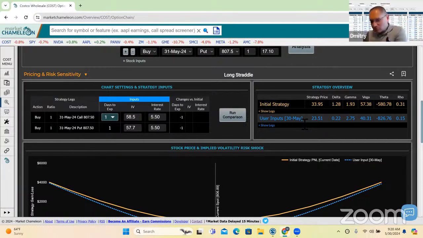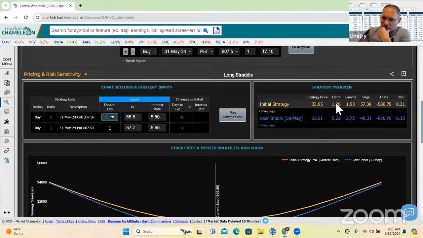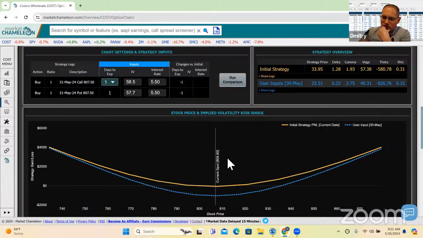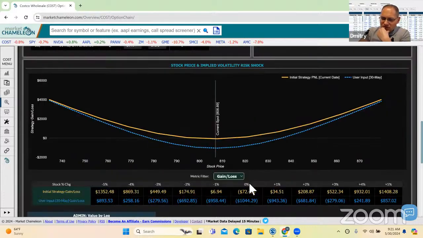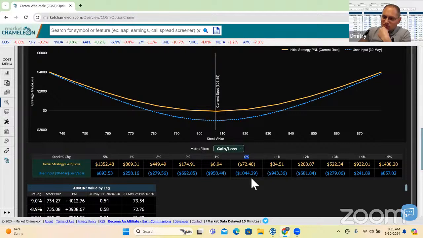If the stock doesn't move today at all, and it's at the same price, then this will be the new value of the option, the strategy. It will decay. It'll go from the 33.95 that we paid to being worth 23.51. This is the new delta, gamma, vega. And here's the chart comparison. So if we start out at 0, you can see that there'll be a loss of $1,044.